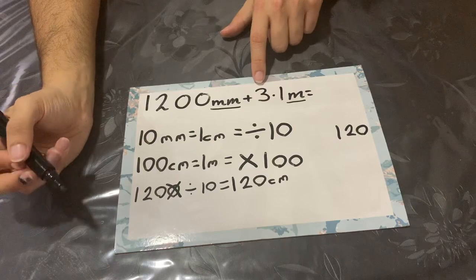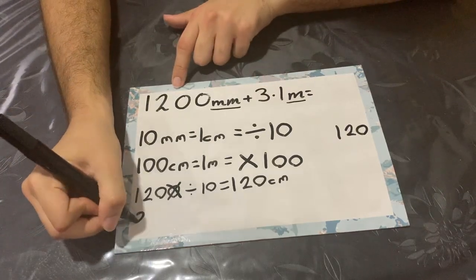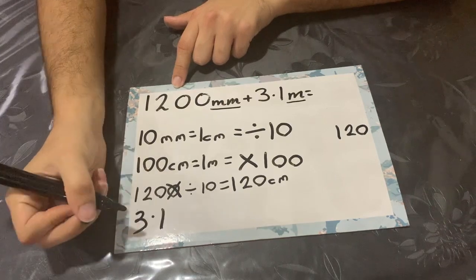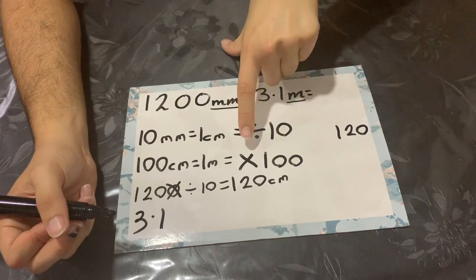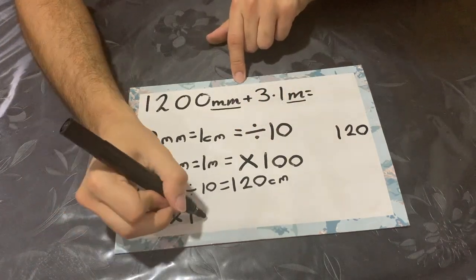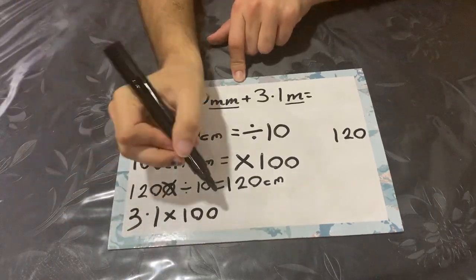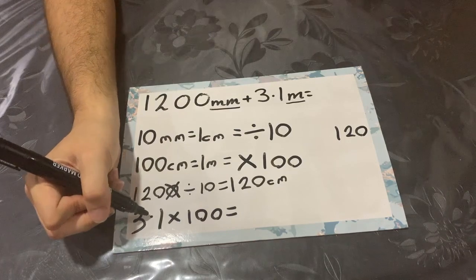And now I need to convert my 3.1 meters into centimeters. So I'm going to write that, 3.1. And because I'm converting from meters into centimeters, I need to times by 100. So remember, I need to move my decimal point.